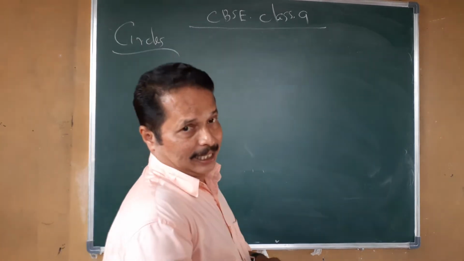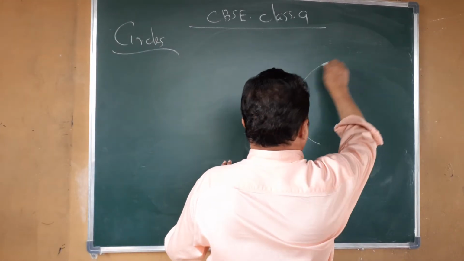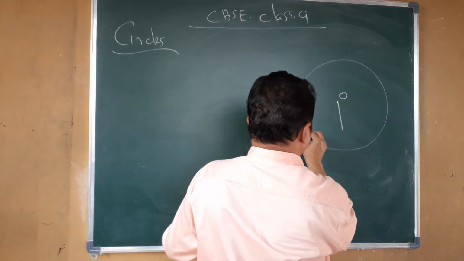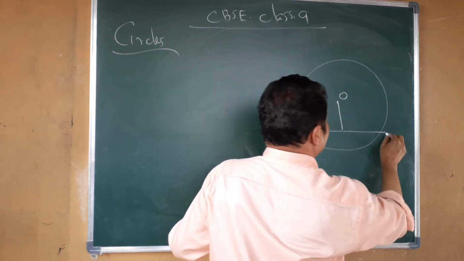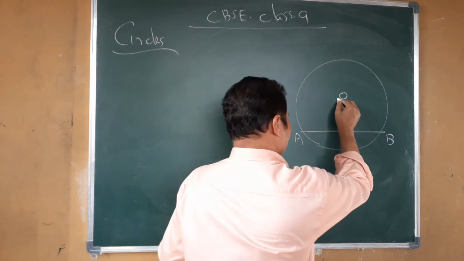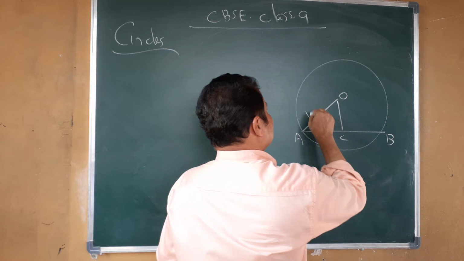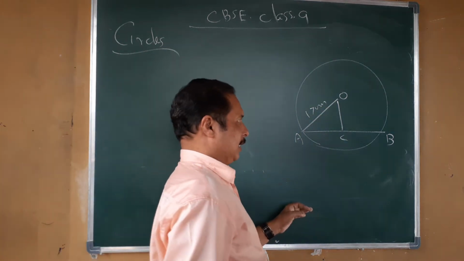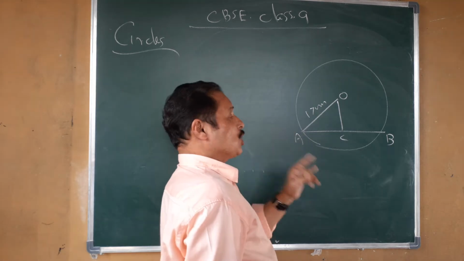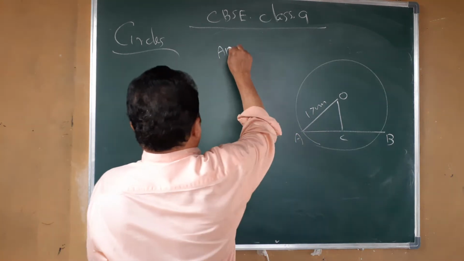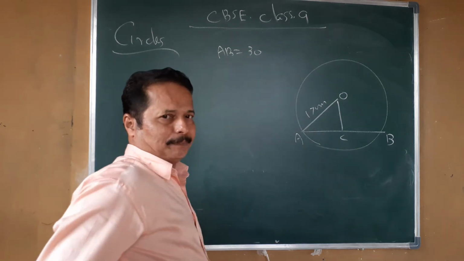Find the distance from the center of a circle with radius 17 centimeter to a chord of length 30 centimeter. That is chord length equal to 30.